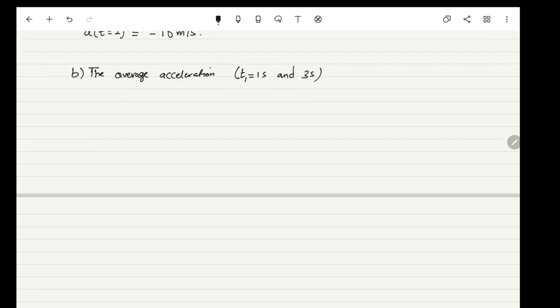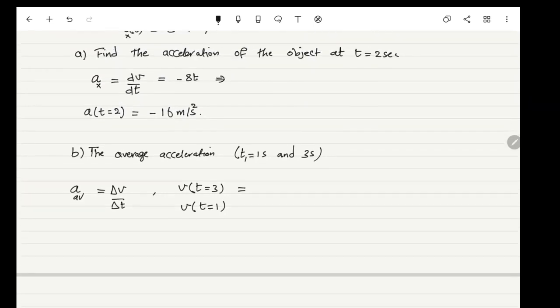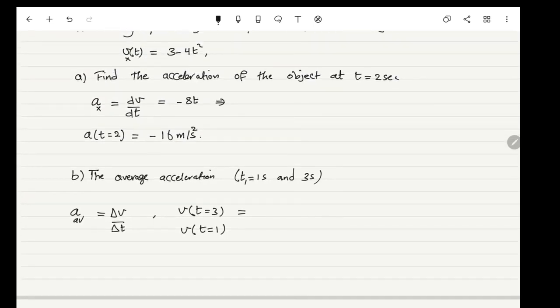Now the average acceleration for the time interval 1 second and 3 seconds. The average acceleration here equal to delta v over delta t. So we need to calculate v when t equal to 3 seconds and v when t equal to 1 second. So v when t equal to 3 seconds, back to the equation here, it's 3 minus 4t square.